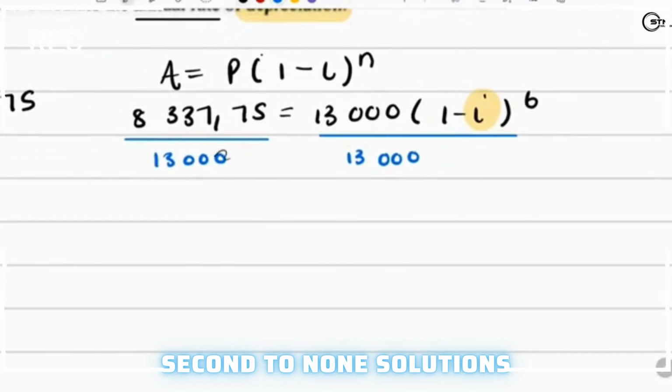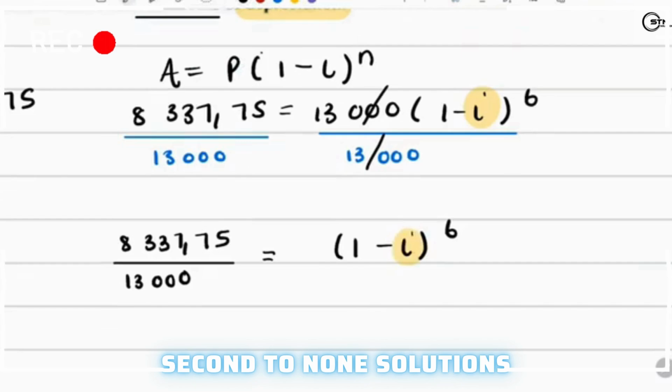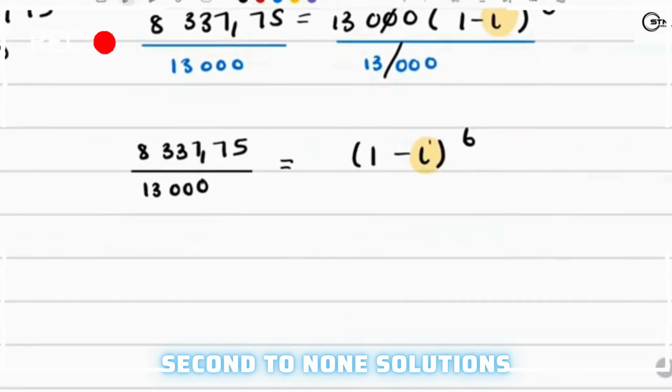Now, I'm not going to calculate this. I'm going to keep writing it like that so that I don't have to work with decimals. I want to avoid working with decimals. So that's what we have there, is equal to, and you see these would cancel and you'll be left with 1 minus i raised to the power of 6. You still want to get to the i. What is stopping you now from getting to the i?